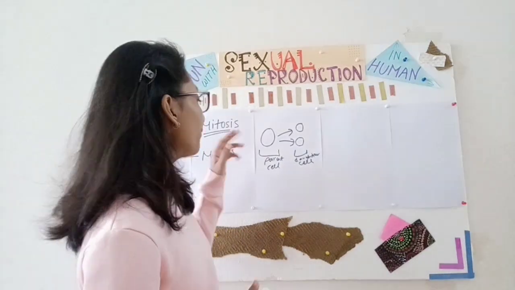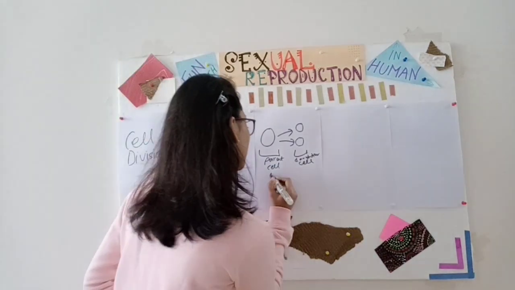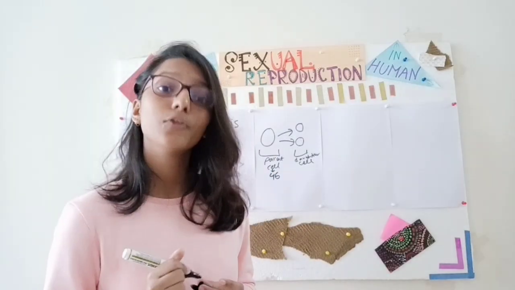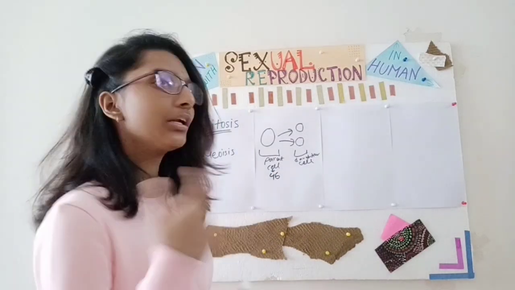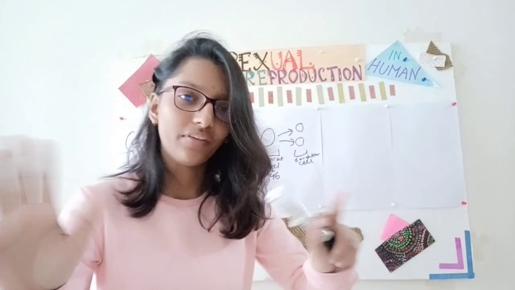Each and every cell in our body contains 46 chromosomes. So this parent cell is containing 46 chromosomes, right? You can also say 23 pairs of chromosomes. It's all the same thing. 46 chromosomes, 23 pairs of chromosomes, it's the same thing, right?